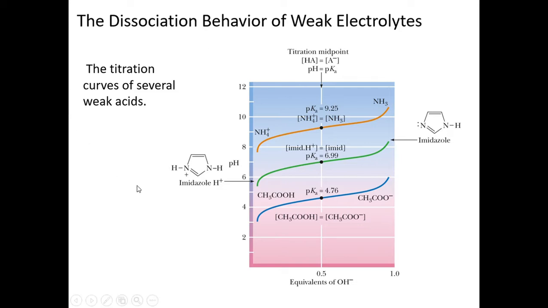In this case, we are adding equivalents of hydroxide ion, and we have this molecule which has a protonated nitrogen here, and it has lost that proton when we get to this point.